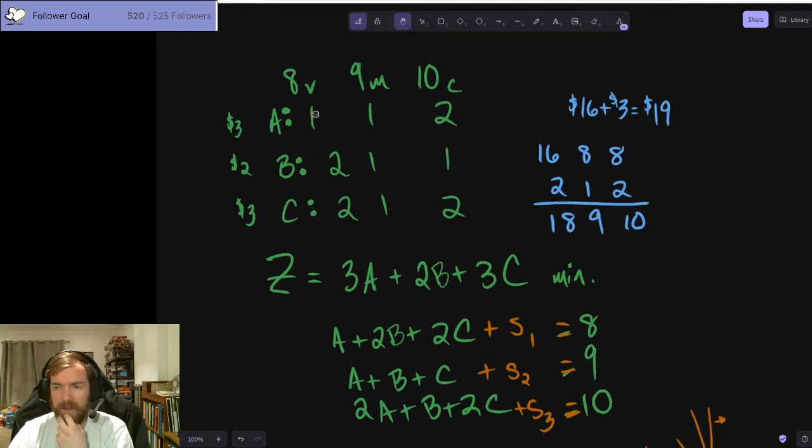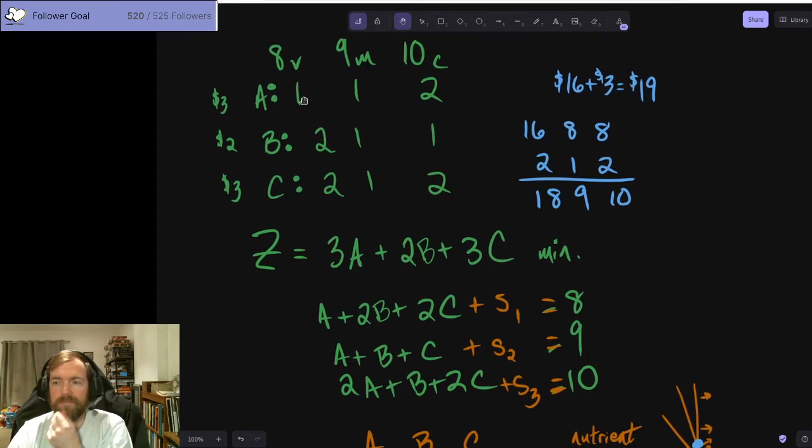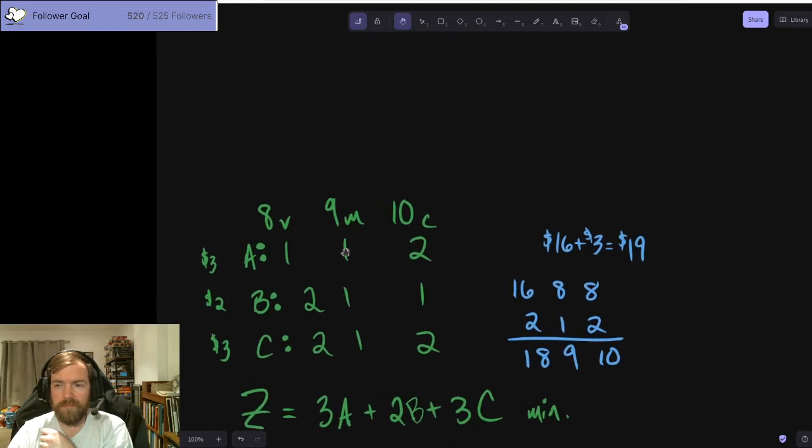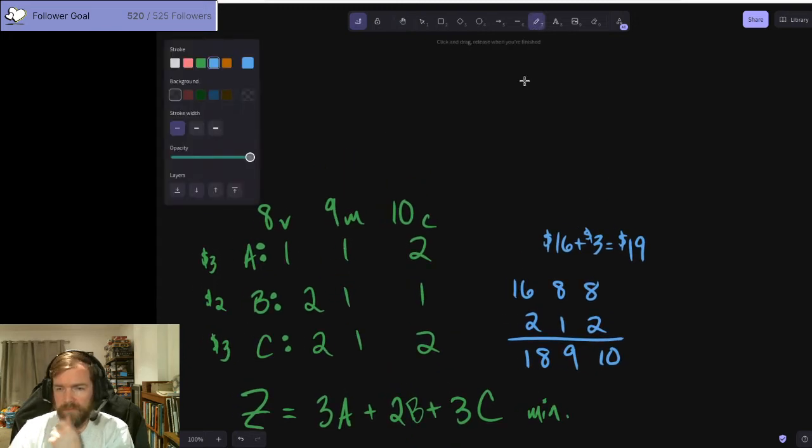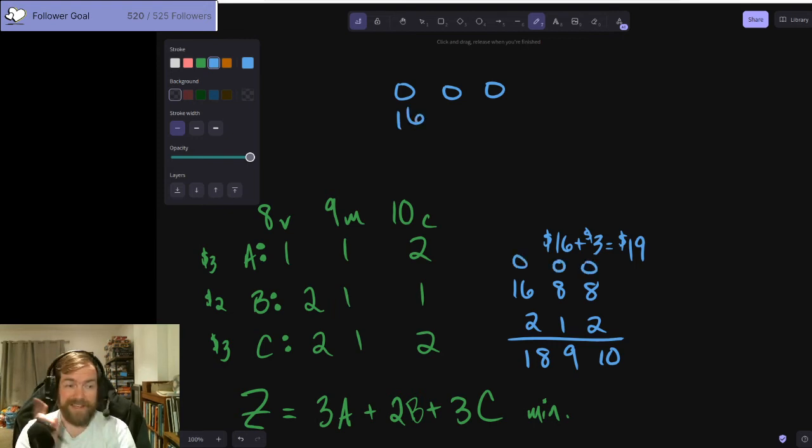So again, we would get 0a, so that would get us 0, 0, 0. 8b is 16, 8, right, that's this.